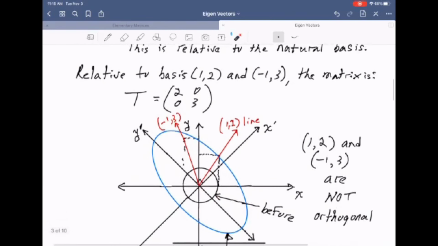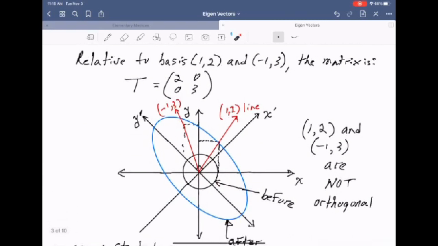So now what we're doing is expanding in this direction. There's your (1, 2), and here's your (-1, 3).